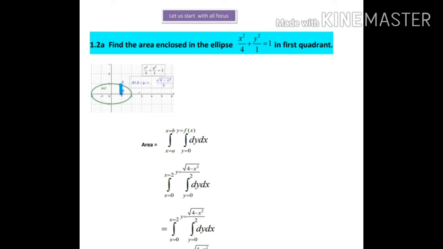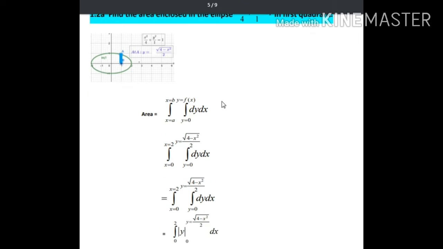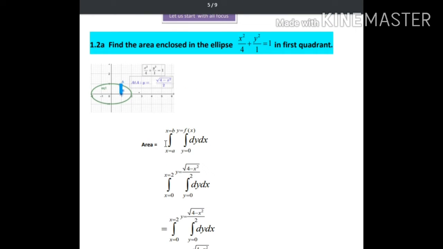So we start. The first example is find the area enclosed in the ellipse in first quadrant. Now you know the formula is double integration dy dx. This is the first quadrant, and according to the procedure we have to take one small strip inside the first quadrant. So we have taken AB as a vertical strip.